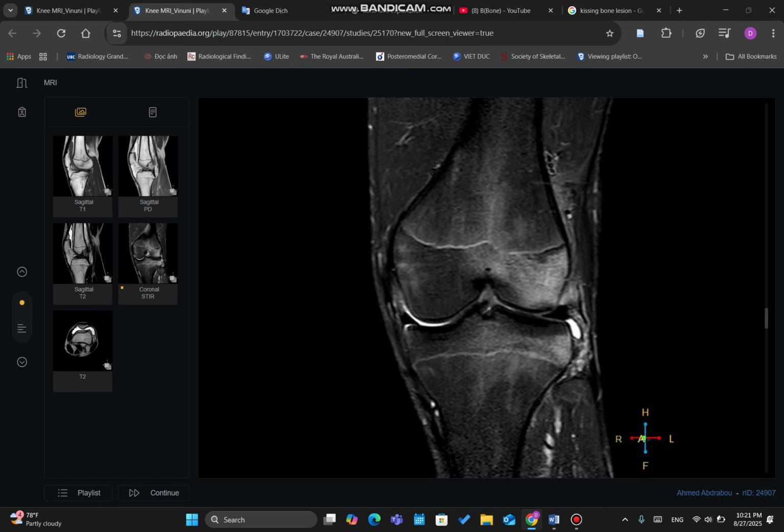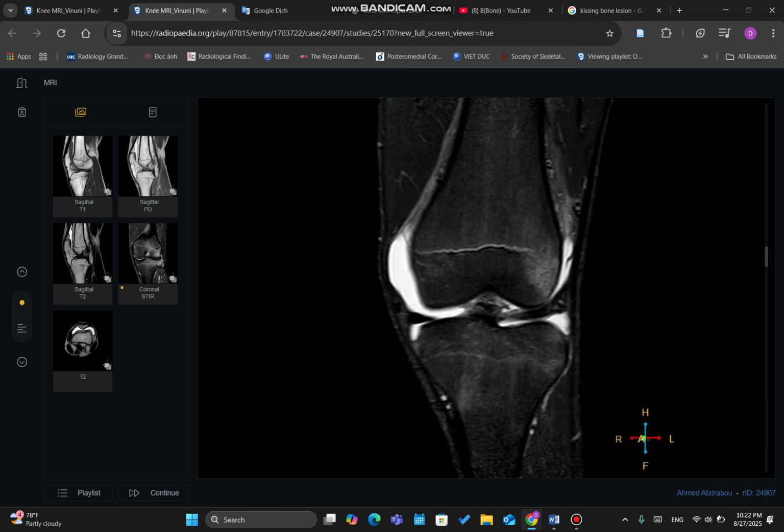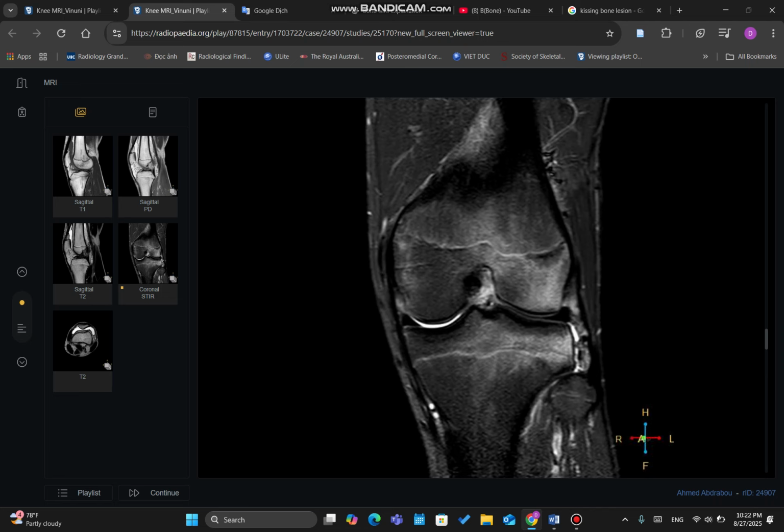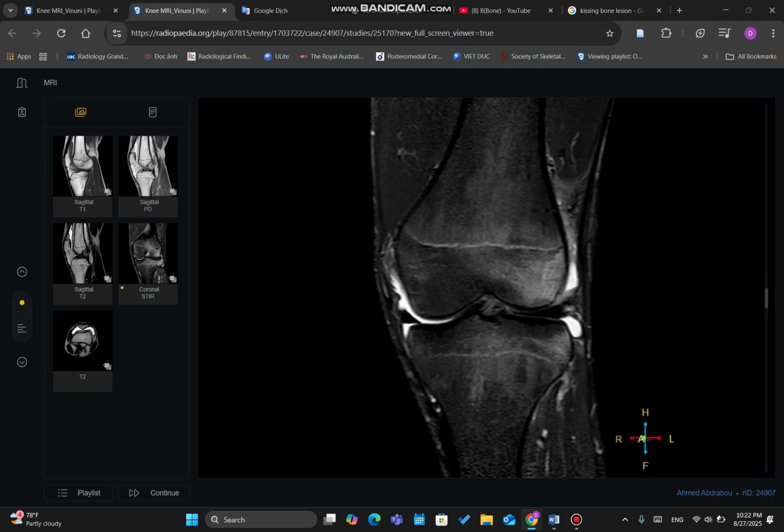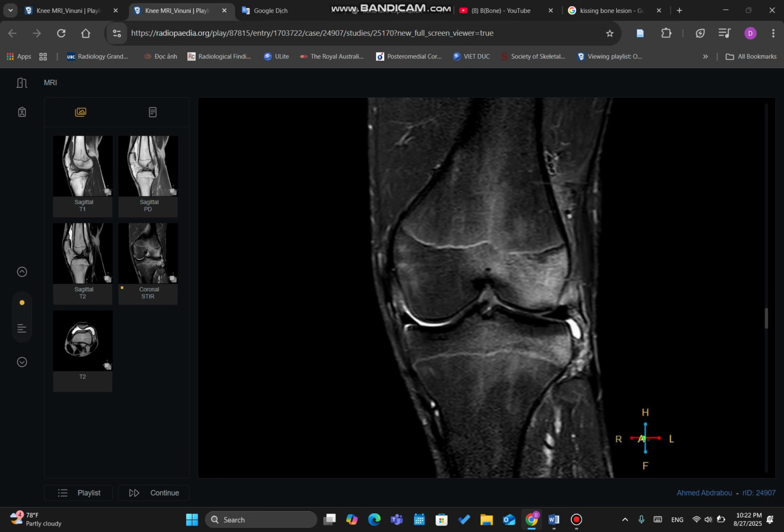Besides the two aforementioned common diseases, a third one also needs to be considered when you interpret a knee MRI, which is crystal deposition disease. Normally, we have three kinds of crystal deposition disease. The first one is gout, which tends to present at the fibrous cartilage, like in this case.